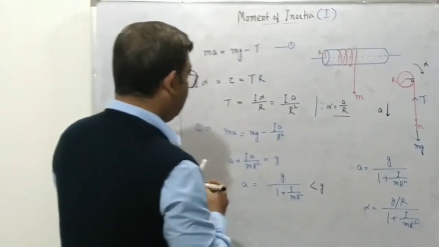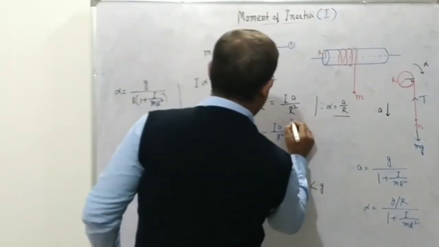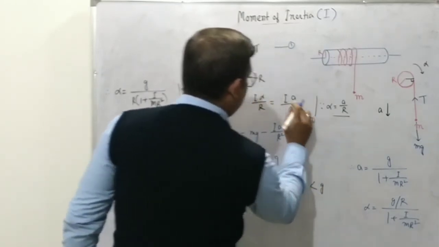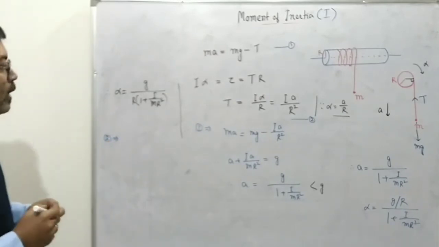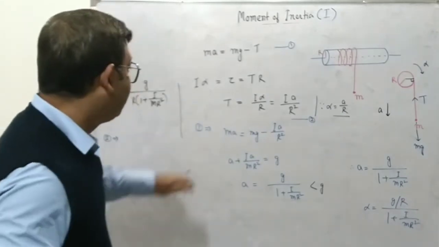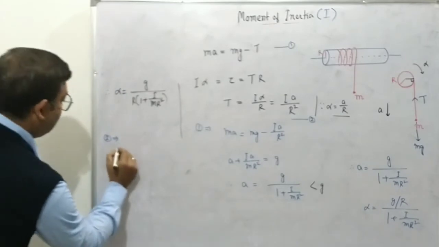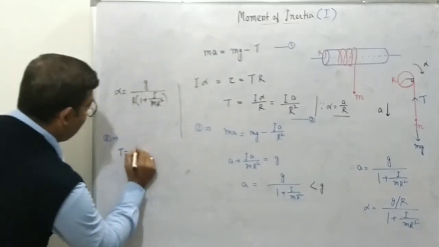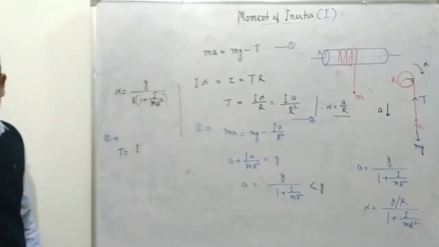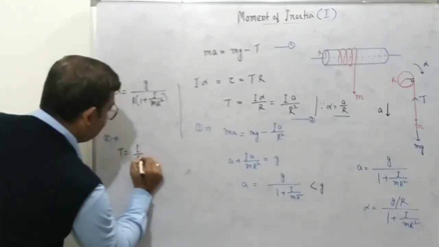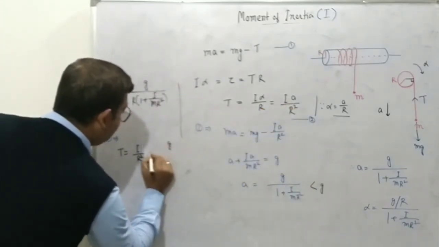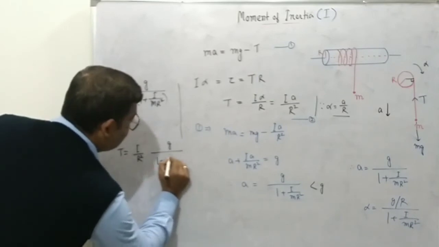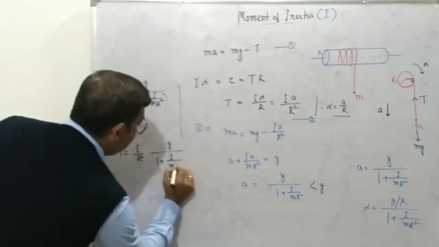So, this expression T equals I a by R squared, equation number 2, can now give us the expression for the tension in the string. T will be equal to I by R squared, and then instead of a we substitute the value, so it will be g by 1 plus I by m R squared.